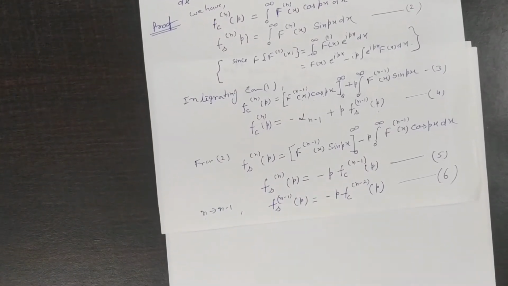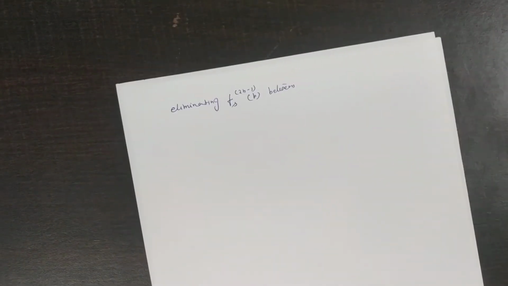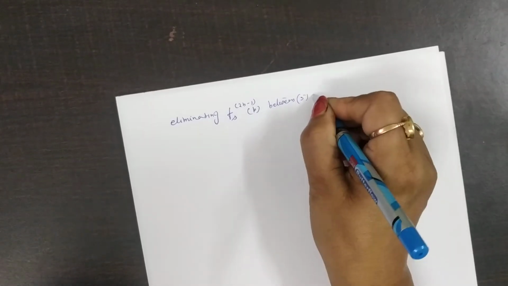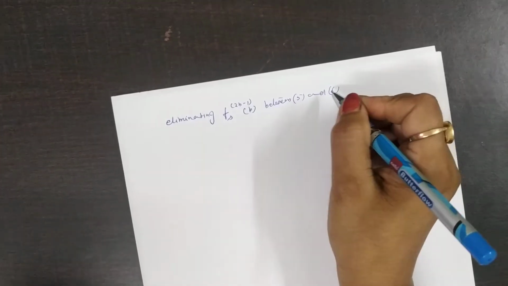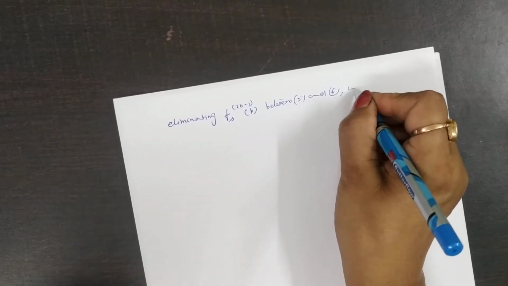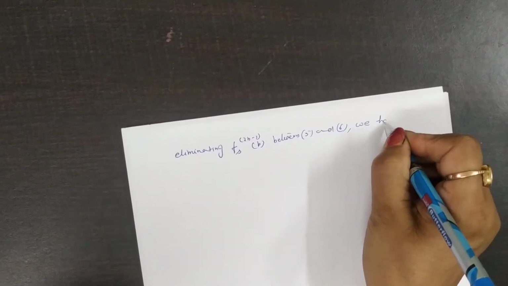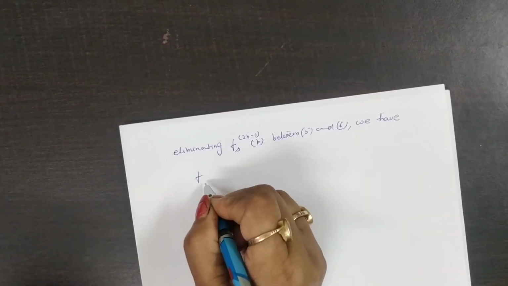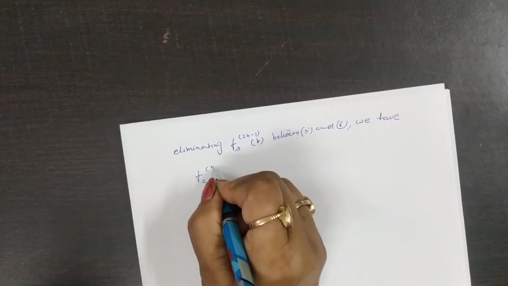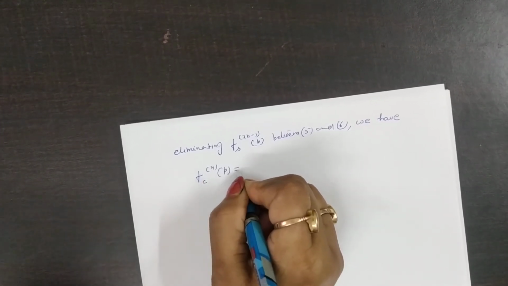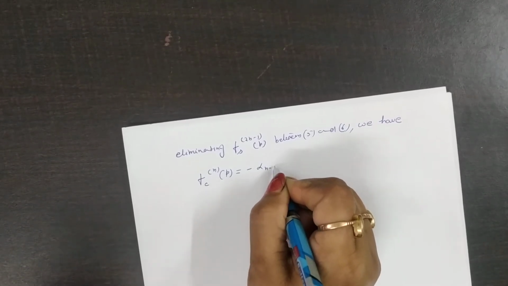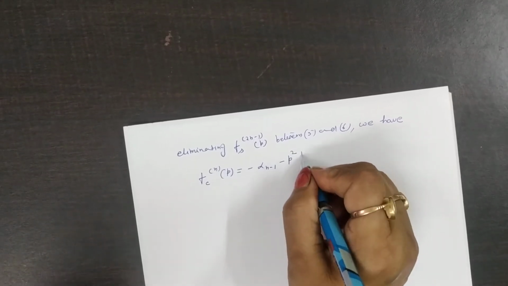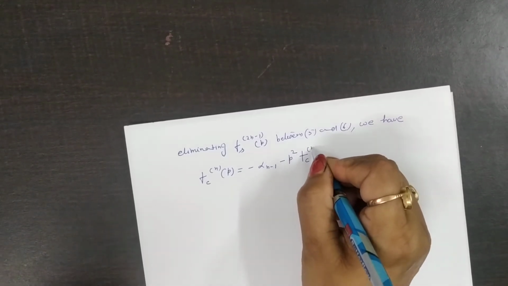Yes, clear? Now eliminating this between the 5th and 6th equations, 5 and 6, we have F_c n p is equal to minus p times F_s n minus 1, and in place of sine you are substituting, then you get minus p square F_c n minus 2 p.